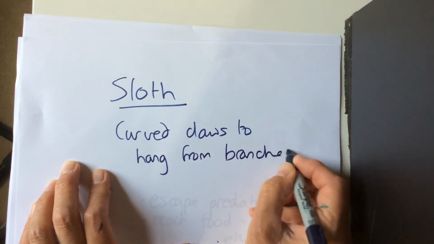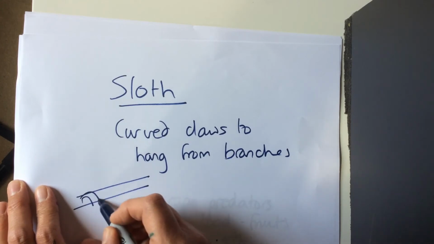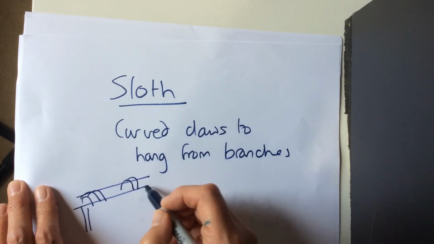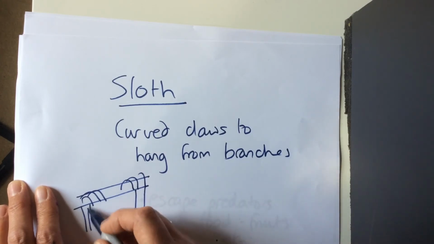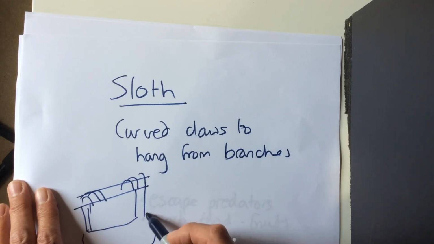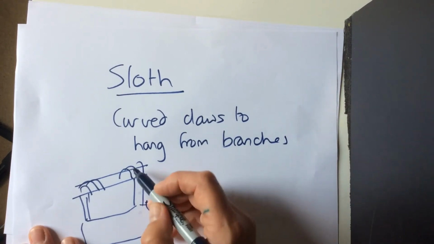So what they can do is just hang over. They use their claws. They can easily, and it just means they can move around easily. So they are designed. Sorry, it's the worst drawing of a sloth in the history. Right, no laughing. Okay, so they can hang from there.